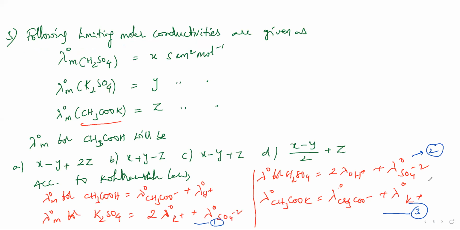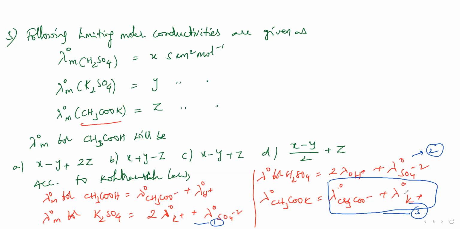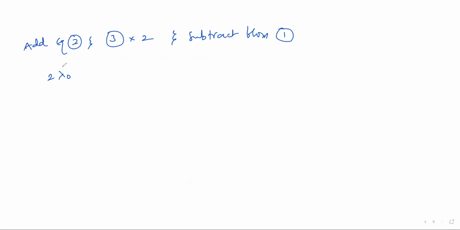What you will get then? 2 into lambda naught CH3COOK, that is, 2 into lambda naught CH3COO minus and K plus.